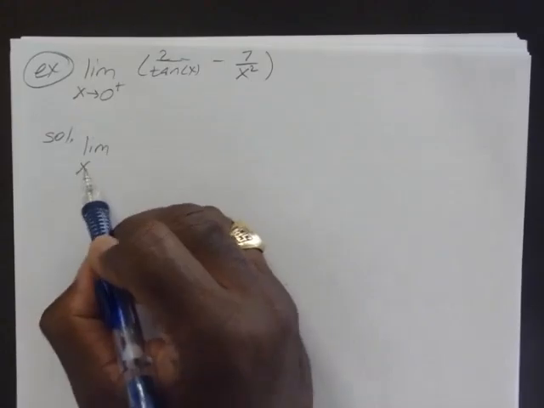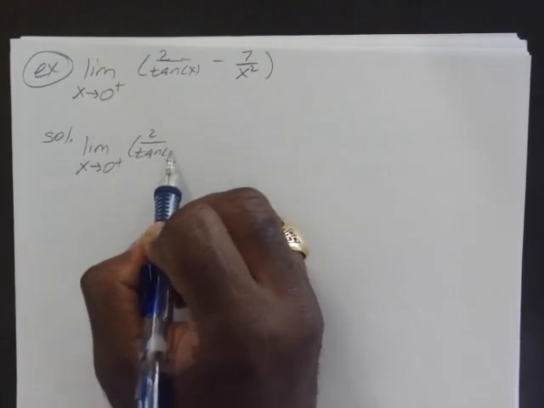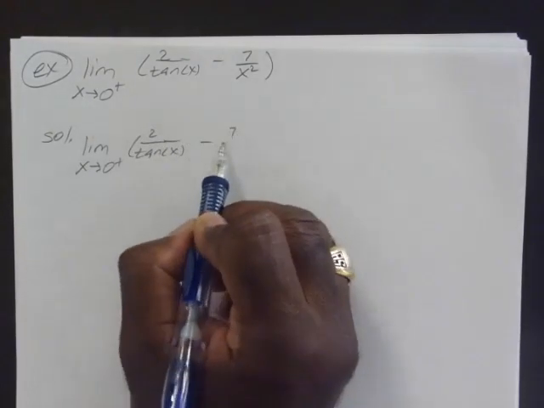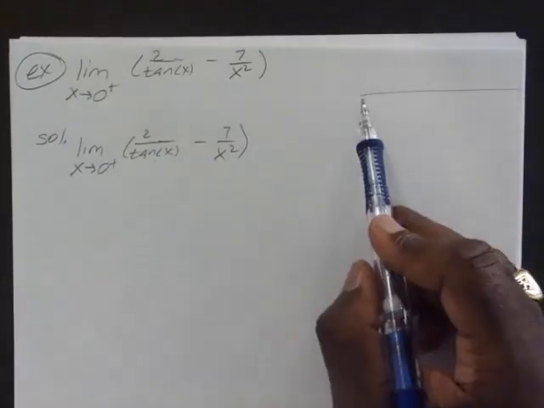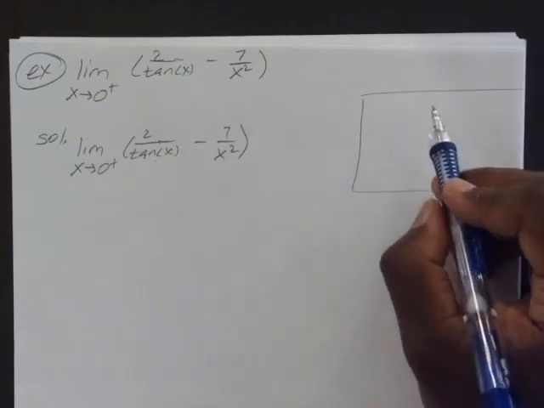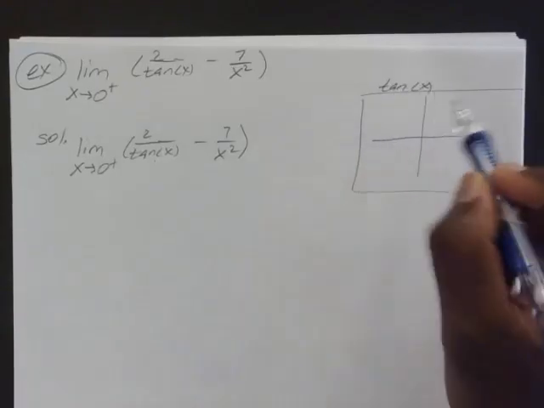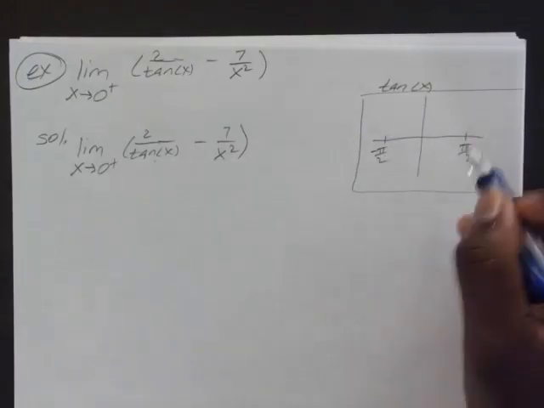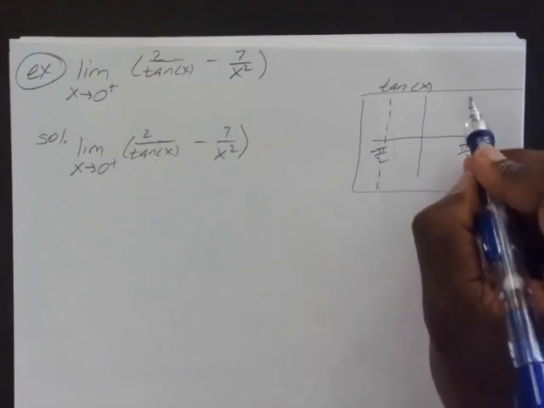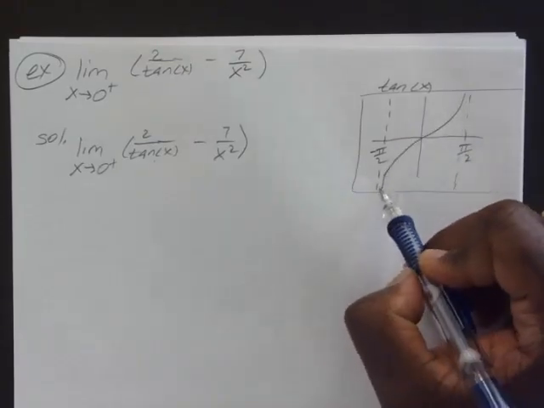Okay, so if we take the limit as x approaches 0 from the right of 2 divided by tangent of x minus 7 over x squared, let's take a quick look at the graph of tangent. We know it has vertical asymptotes at negative pi over 2 and pi over 2. And the graph kind of looks like that.